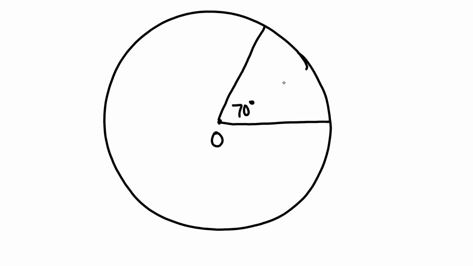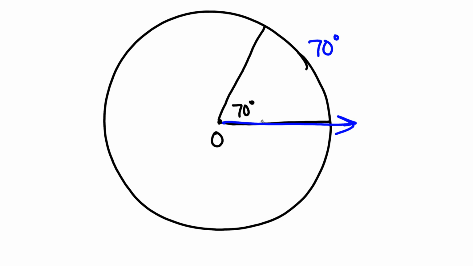That seems fair because 90 would be straight up, and this is almost straight up. Well, it turns out that the arc measure here is also 70 degrees. When we go all the way around a circle, that's 360 degrees.